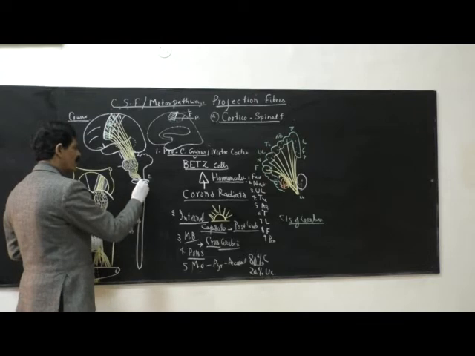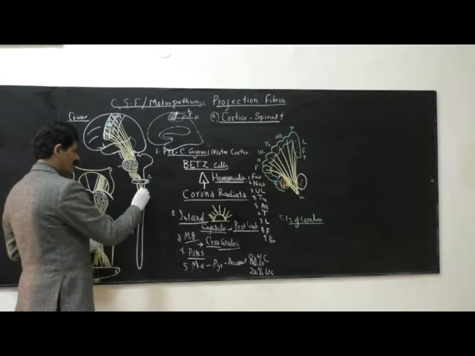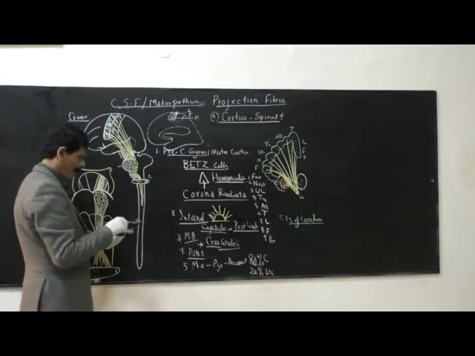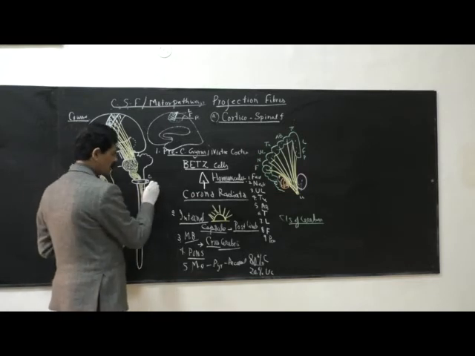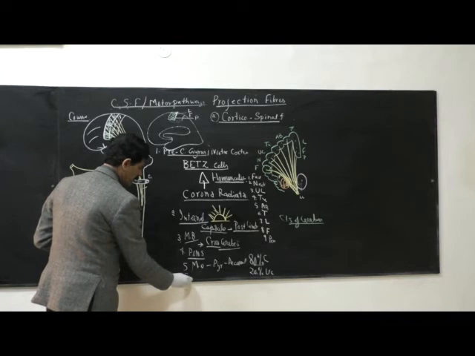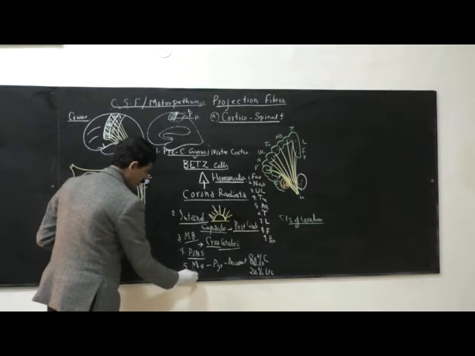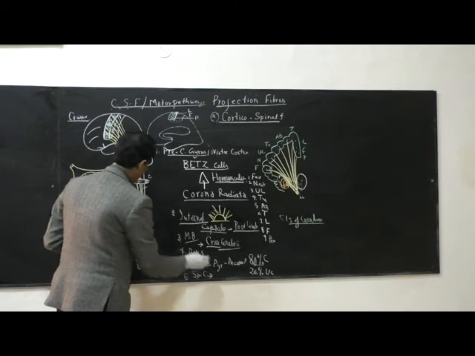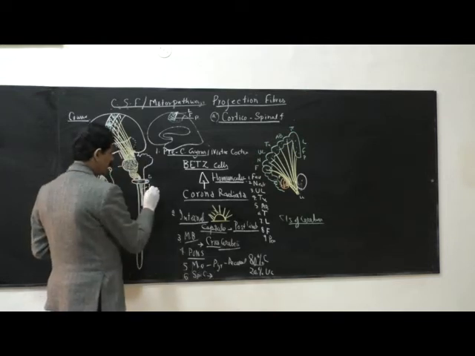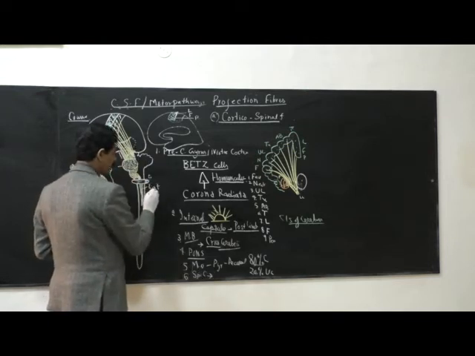They become more compact, and they descend in the spinal cord. Their destination, the last termination, is in the spinal cord. So in the spinal cord, they form the descent as the lateral corticospinal tract.